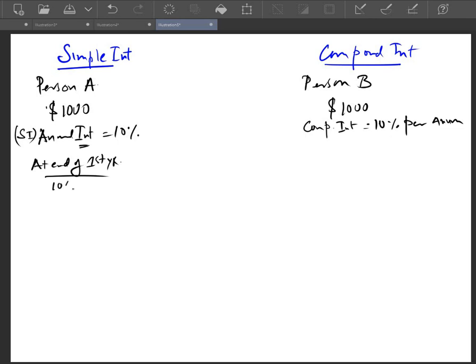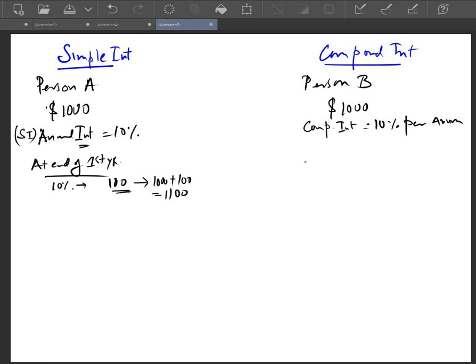So 10% of $1,000 is $100. So the outstanding balance of this person at the end of first year is $1,000 plus this money that he's earned, which is $1,100. So he's earned $100.